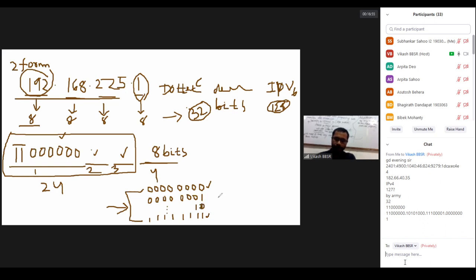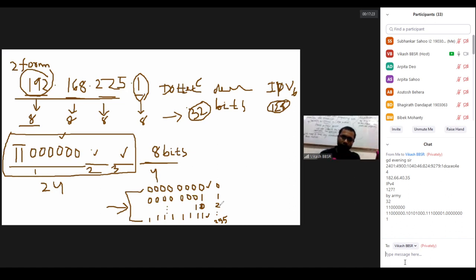So this is 0, this is 1, this is 2, like this, dot dot dot, up to 255, the last number. So total, how many numbers are there? Mathematical calculation, tell me. 256.